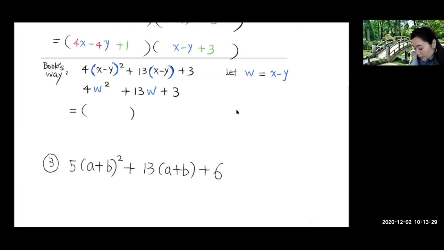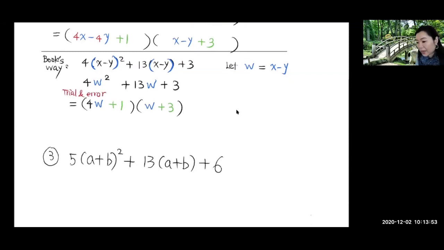And now we got 4W plus 1, and then we got W plus 3. So you did try and error over here, and you got this. And then afterward, finally you return this back.